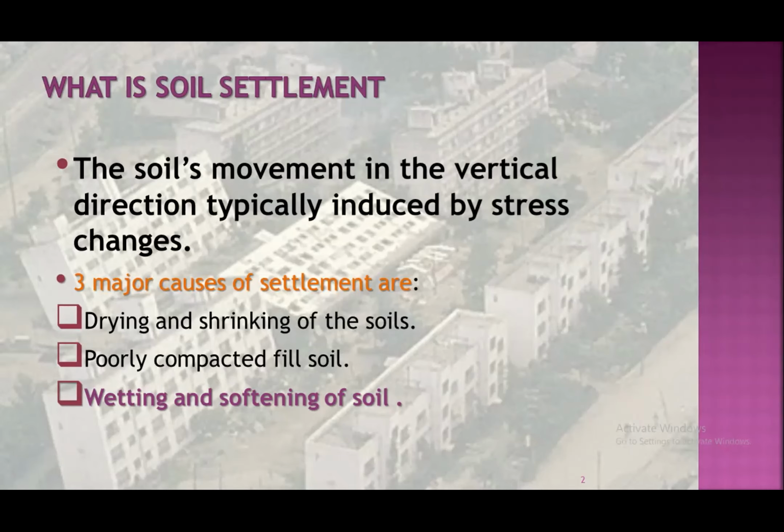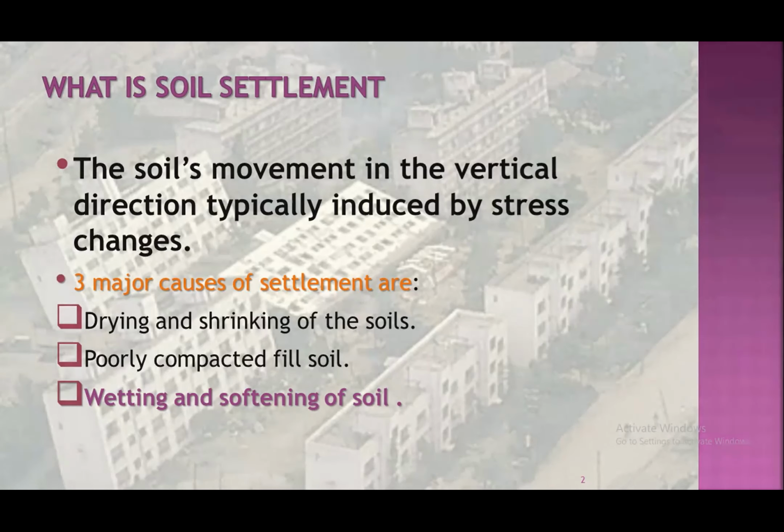And when this happens under certain loads, the soil will settle. The other cause is poorly compacted soil. If the compaction of the soil is not done or done poorly, under certain loads this may cause the soil to be compressed, leading of course to soil settlement.